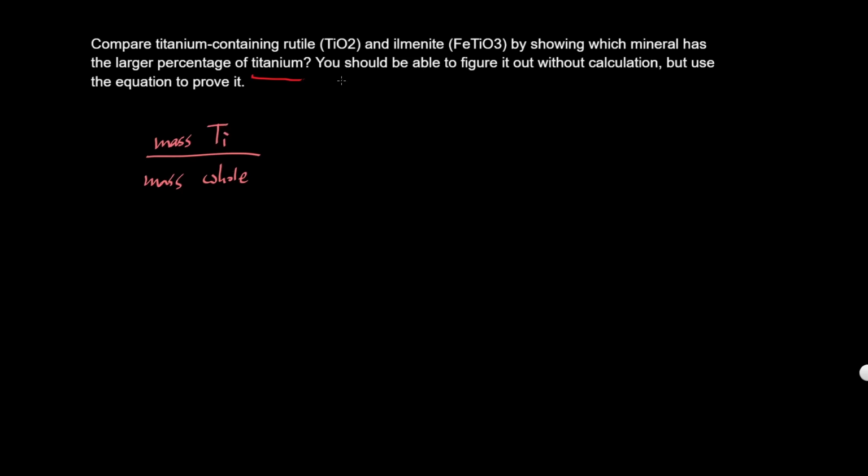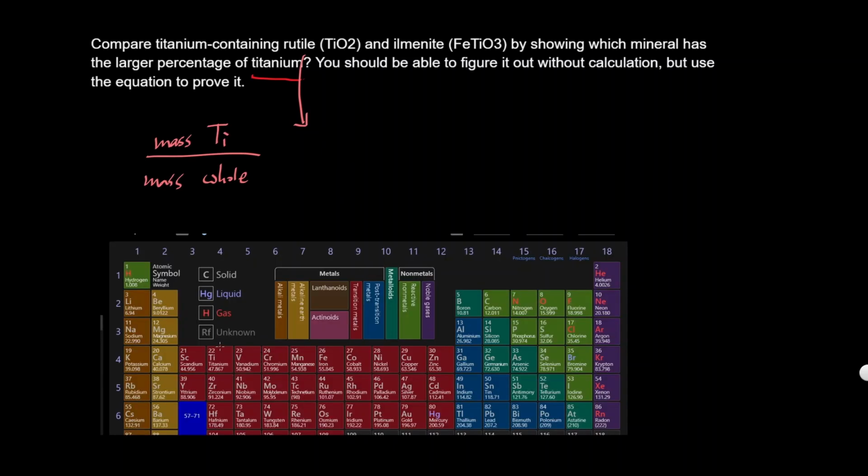So let's first talk about the rutile. Let me get the periodic table. Here's the periodic table. We have titanium's molar mass, which will be 47.867 grams of titanium, out of, so we're doing the rutile, the formula TiO2, the whole molar mass of the whole rutile.